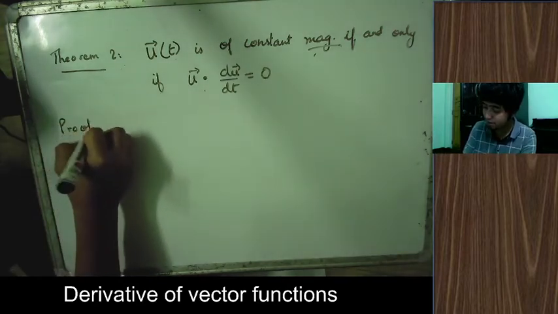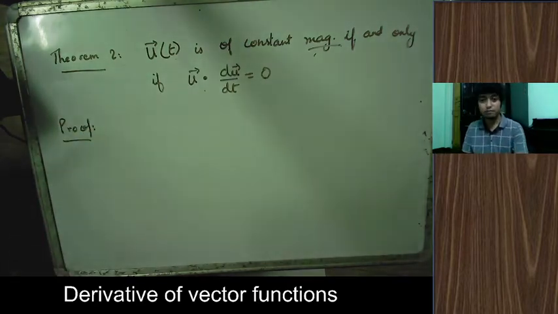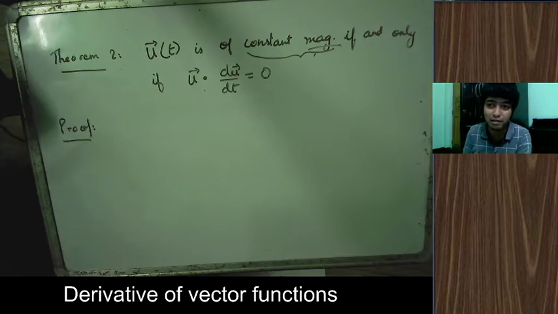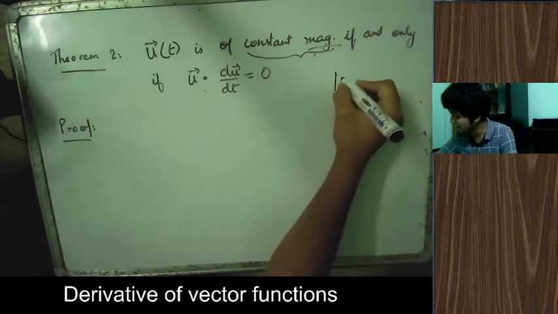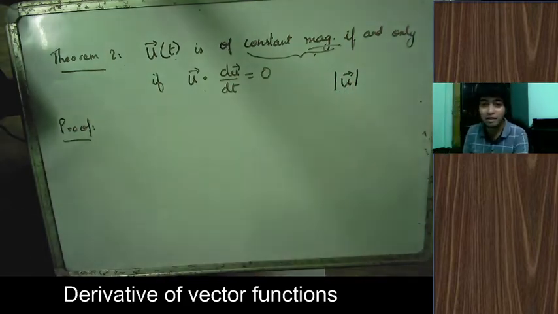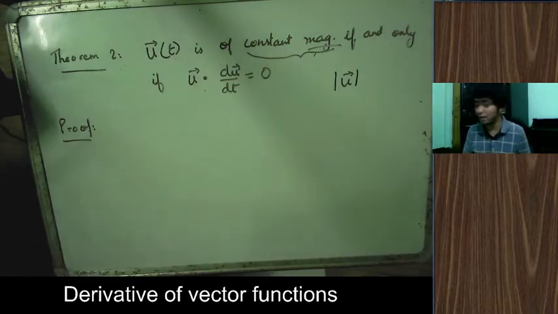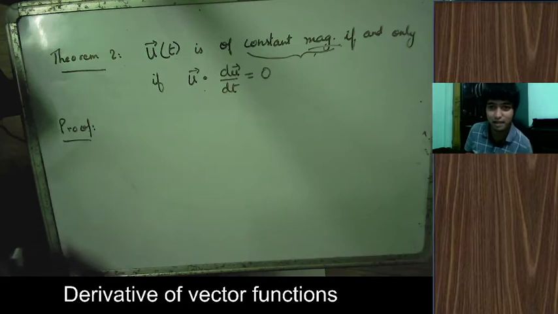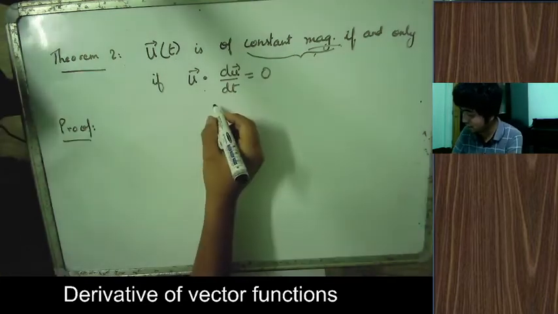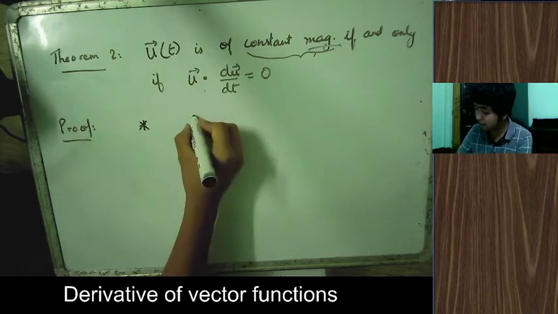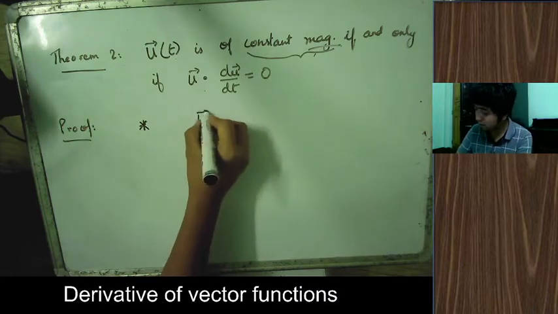Proof. You must first remember the terms. Constant magnitude means that magnitude of u won't be depending on t. That is what we know. So for the proof, you will first have to remember this line: u dot u.